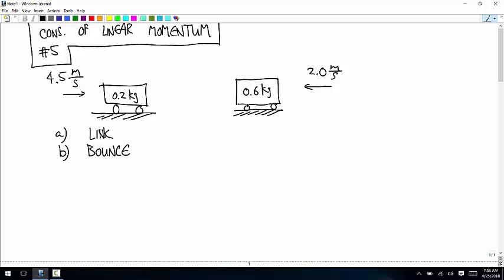If they link together, that's an inelastic collision. If they bounce apart, that's an elastic collision.